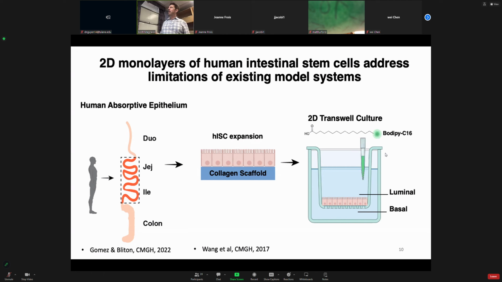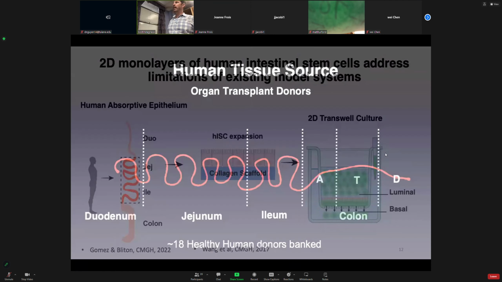And in this case, we use a fluorescently labeled fatty acid, at least a host of different ones from short, medium, and long chain fatty acids. You can add that to the apical compartment, luminal compartment. And of course, those fluorescent fatty acids will be absorbed by the epithelial monolayer. And then in some cases, they will be exported out the basal side, which you can sample and do all kinds of downstream assays. So it's a very nice system.